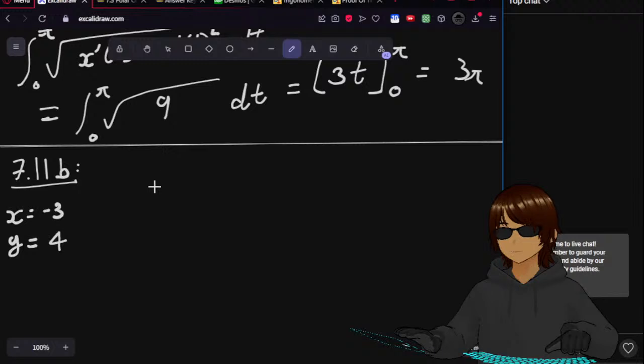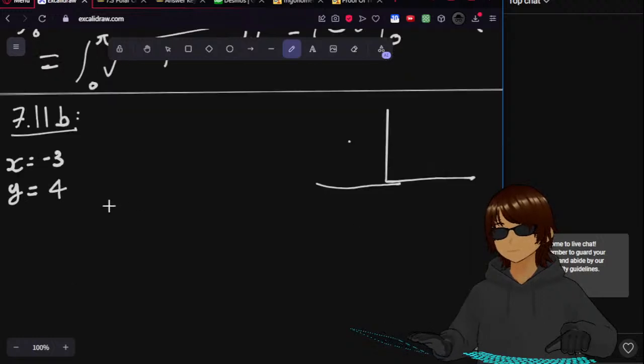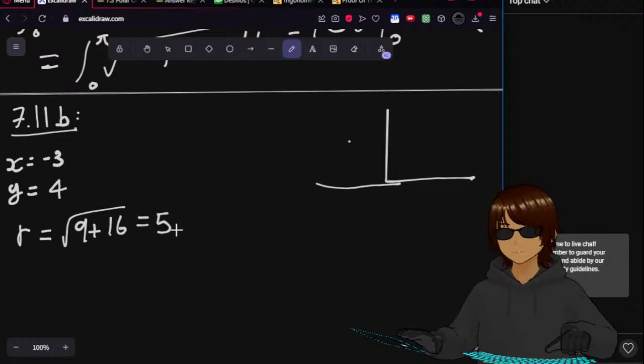So -3 and 4. So r is 5, and then tan theta is x over y, right?